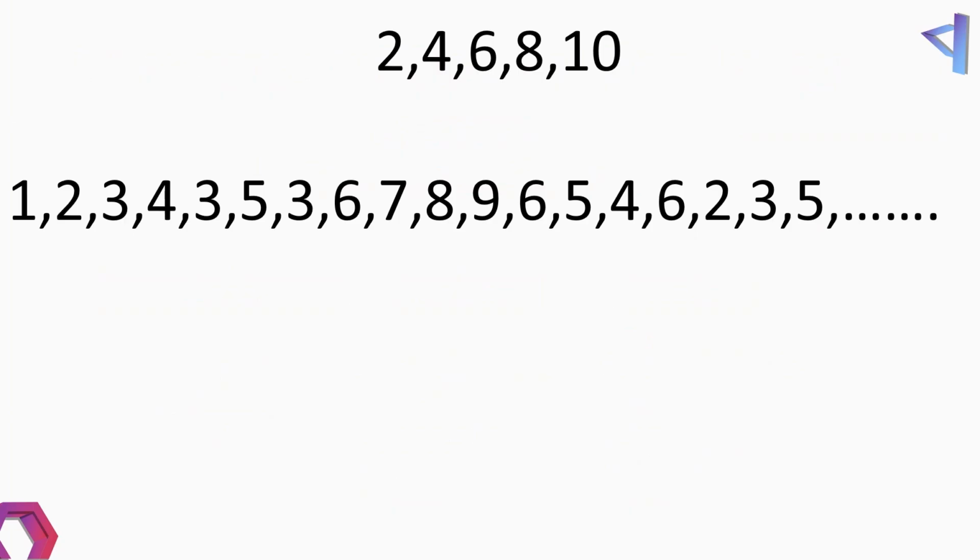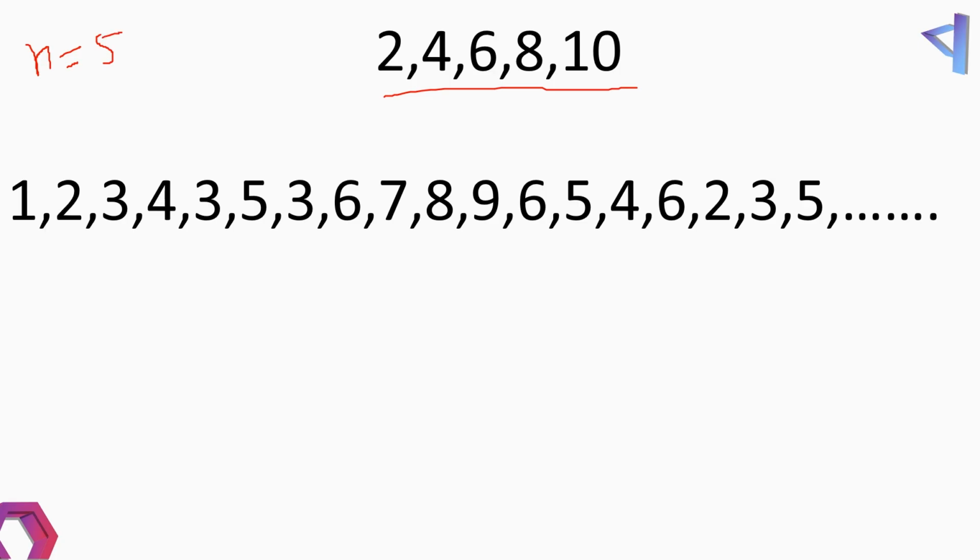For example, if we have data of this type, we simply use a formula if n is odd. Here n is the number of observations, meaning how many observations are there, and there are 5 observations. So n is equal to 5.